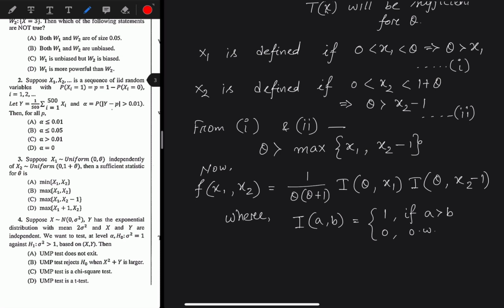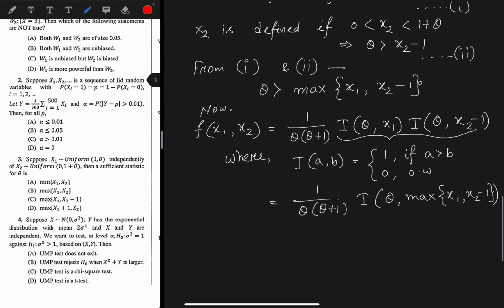Okay, so now combining these two. As we know the conditions on the indicator function, the indicator function will give both values as 1 if theta is greater than the max of x1 and x2 minus 1, that is I of theta comma max of x1 and x2 minus 1.